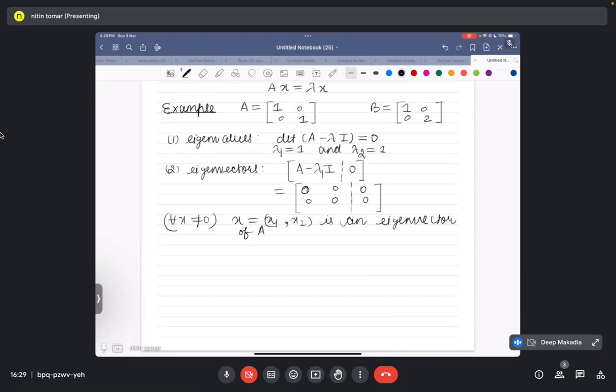B also, no, it will not be the same. Eigenvalues will be 1 and 2, but what will be the eigenvectors? Find the eigenvector corresponding to 1, and the eigenvector corresponding to 2.